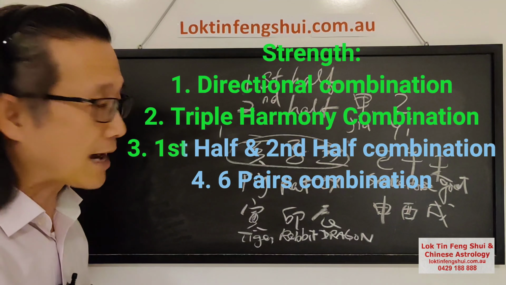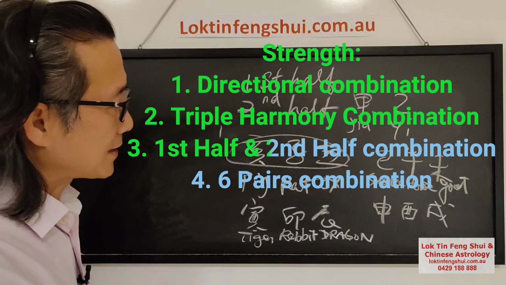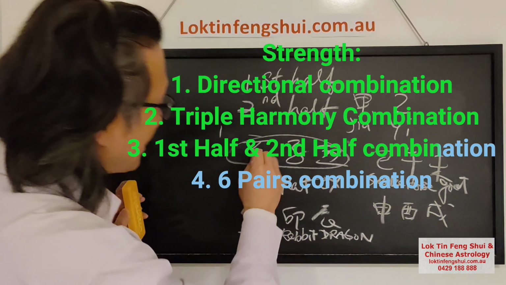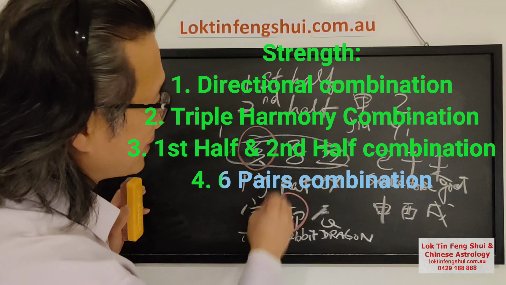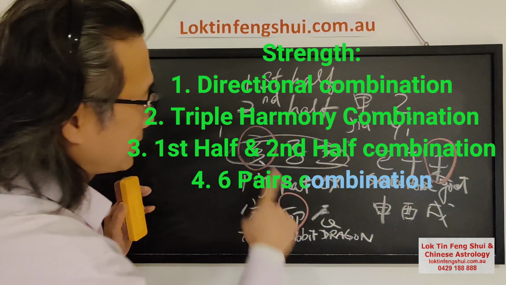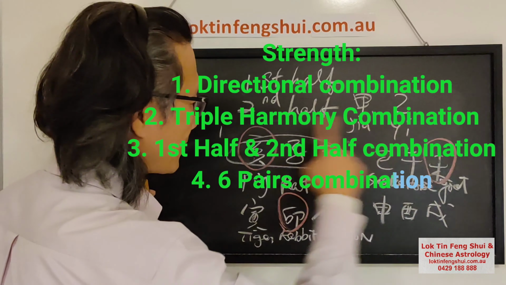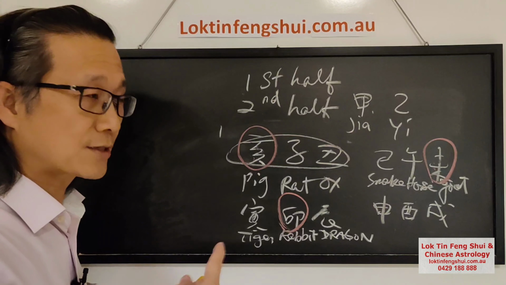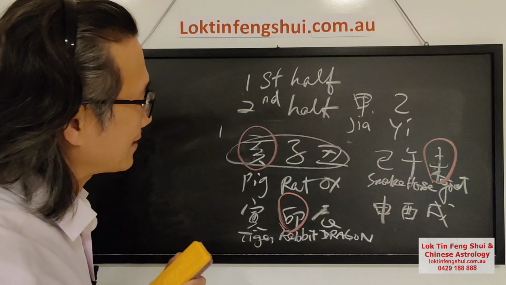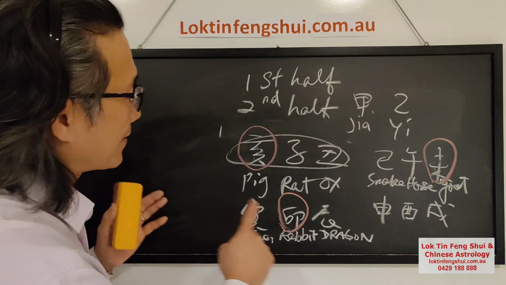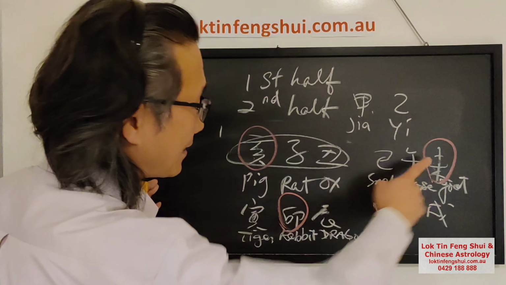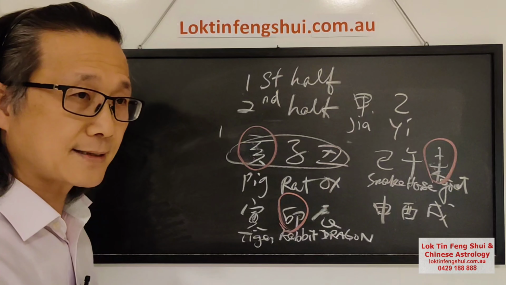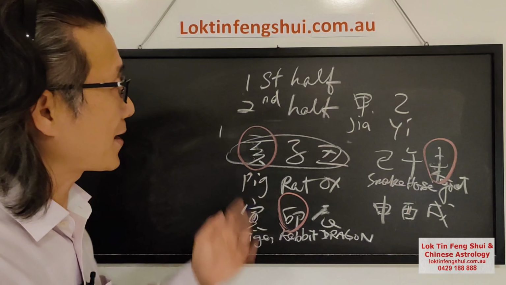Second is the triple harmony combination, which is Hai, Mao, and Wei, the wood frame or wood triple harmony combination. That's the second level of power. And then the first half and the second half are also wood. Then the fourth is the secret friend or the six-pair bonding.